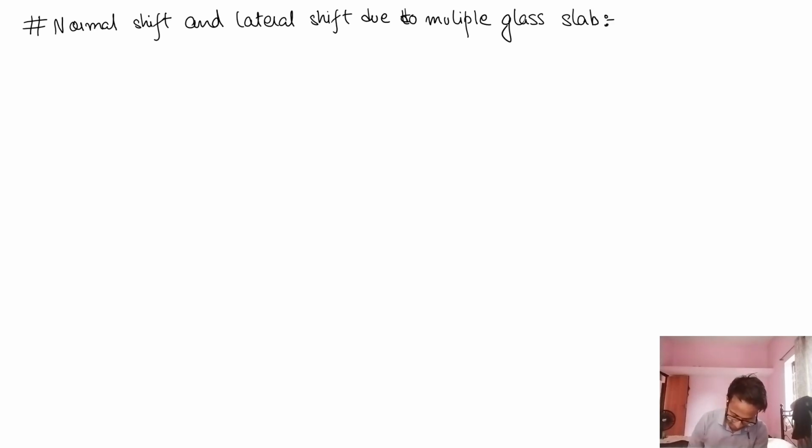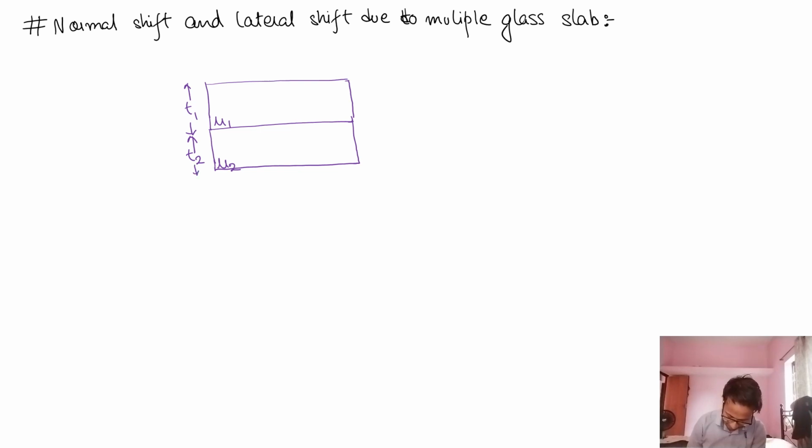See out here. Suppose this is glass slab 1, and this glass has a refractive index mu1. The thickness of this glass is t1. This is another glass slab which has a refractive index mu2. This is also t2.